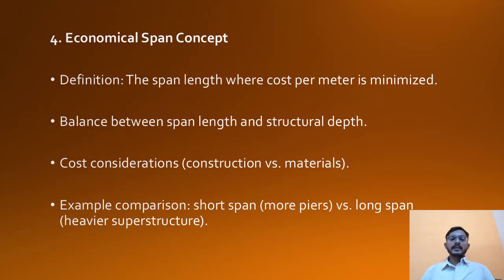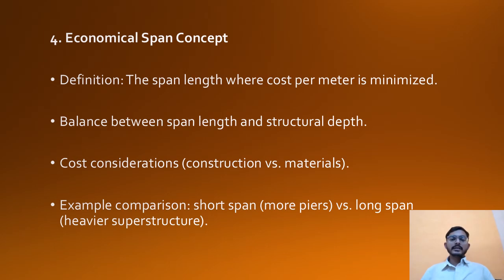Now, the economical span concept. Let us start with the definition. The span length where cost per meter is minimized, which means the economical span concept is where the span of the bridge is constructed with minimized cost.